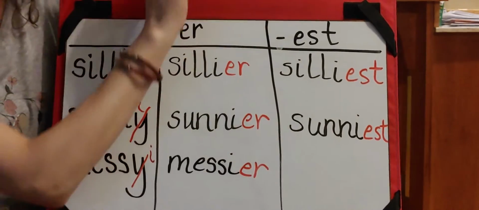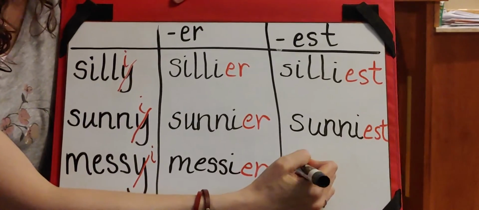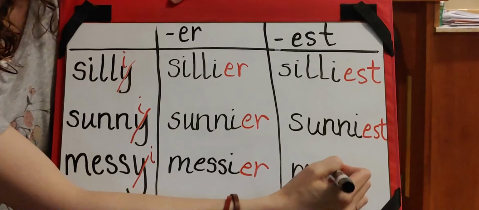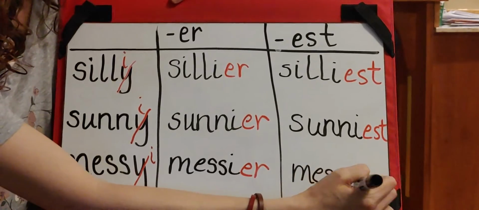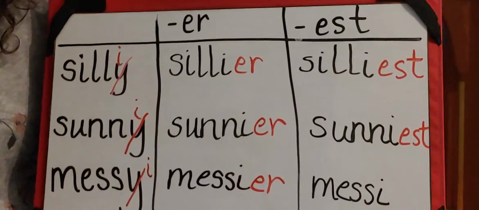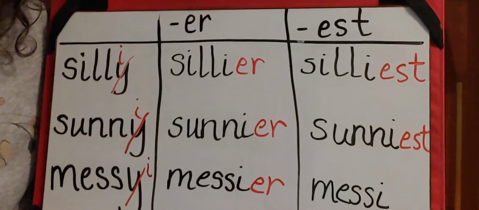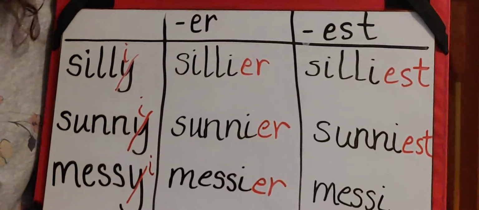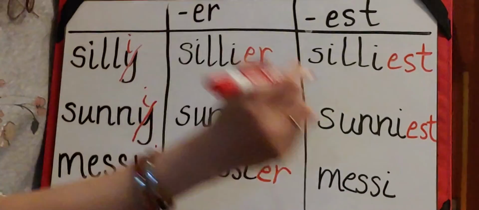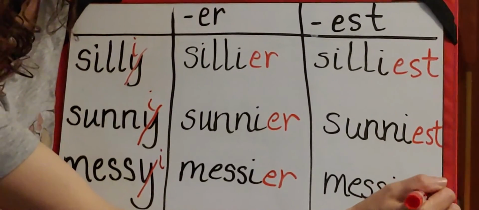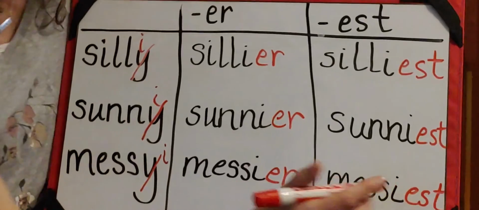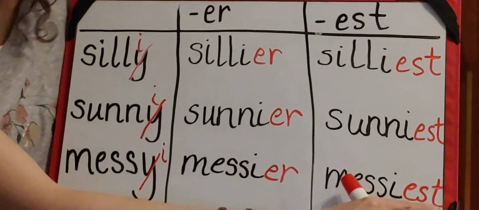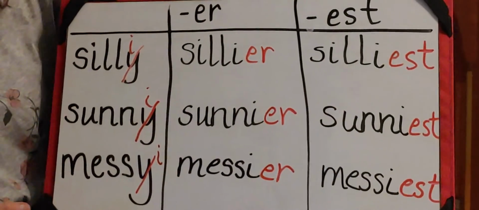We're going to put an I on the end instead of a Y. Messy with an I, and then we're going to add EST to the end of it. What word did we make? Messiest. Okay, very good, first grade.